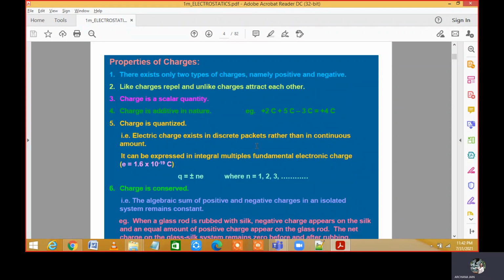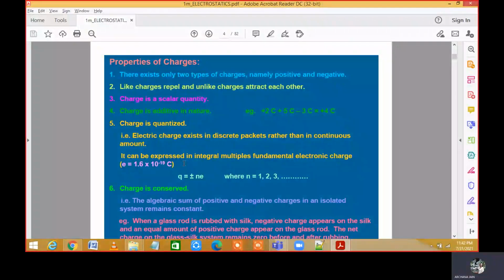Next, charge is quantized. The smallest value of charge, that is the charge on one electron, is 1.6 × 10^-19 coulomb. If any substance loses one electron, then the charge on that substance becomes 1.6 × 10^-19 coulomb positive charge.